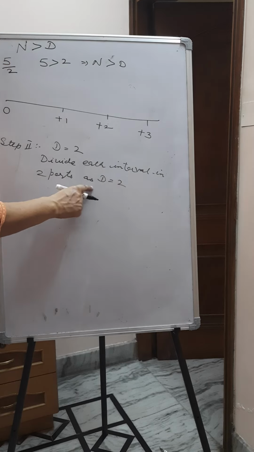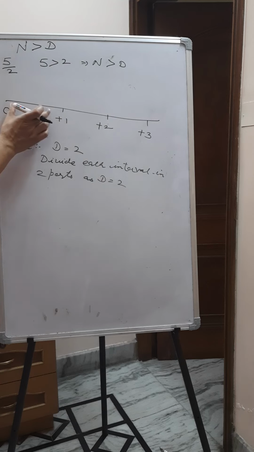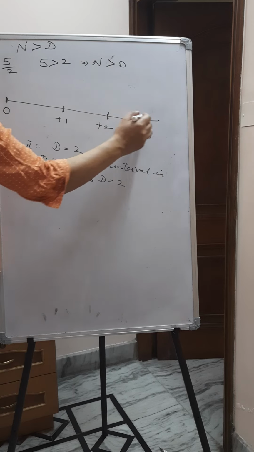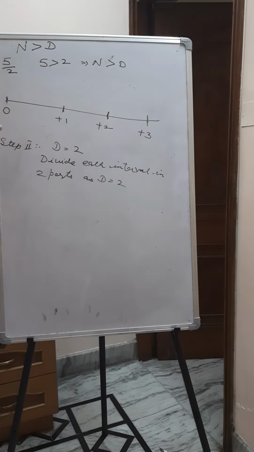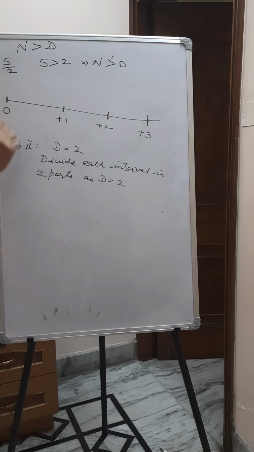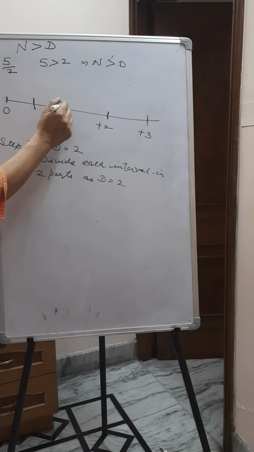Whatsoever is the denominator, divide each interval. 0 to 1 is 1 interval, 1 to 2 is second interval, 2 to 3 is third interval. Each interval you have to divide into 2 parts. So I am going to divide this 0 to 1 into 2 parts by drawing a line between 0 and 1. This is my first part, this is my second part.